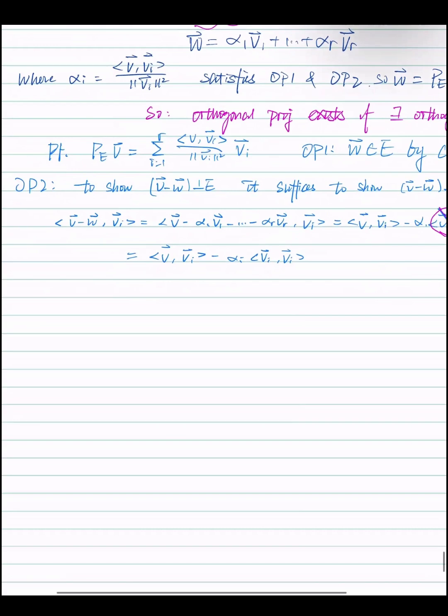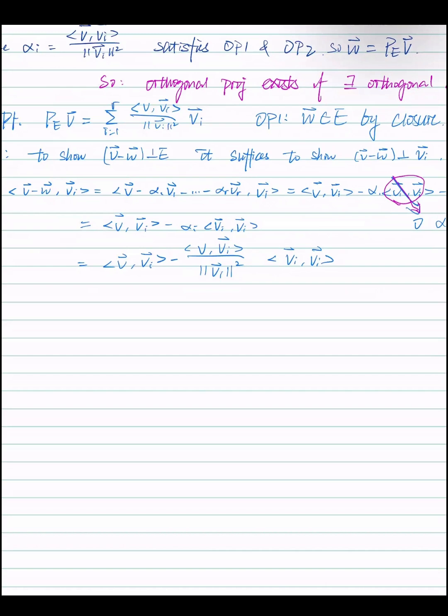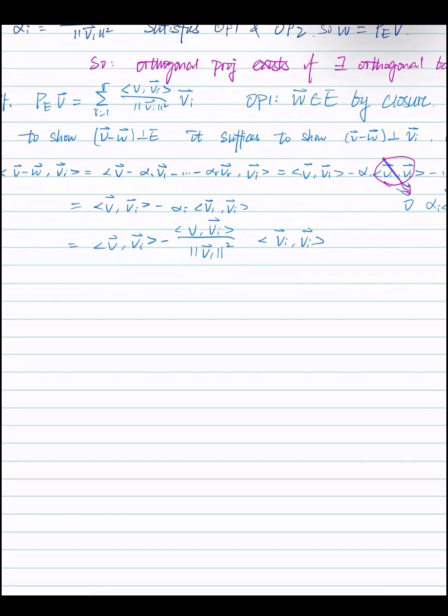So let's substitute that. Subtract alpha i, which is v comma vi over the norm of vi squared, multiplied by vi. So then this inner product of vi with itself, we know that's equal to the norm of vi squared.